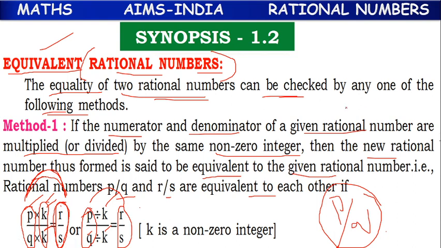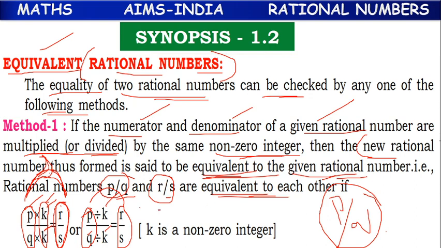So for the given rational number, the numerator and denominator, if both are multiplied or divided by the same non-zero integer, then we will get a new rational number that is said to be equivalent to the given rational number. So p by q and r by s both are equivalent to each other.